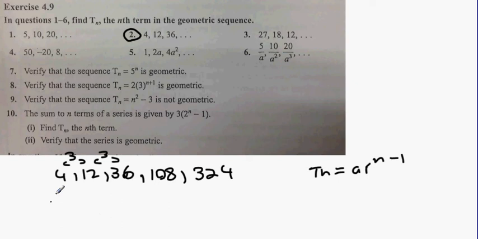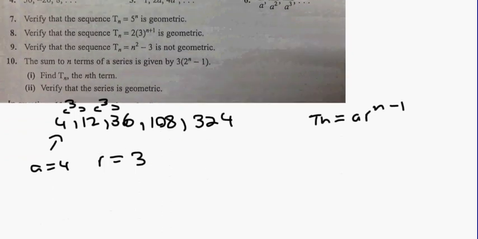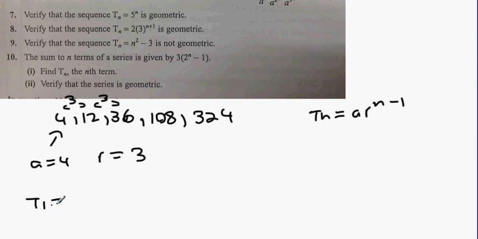A is the first one, so A is 4, and R is the amount you multiply by each time, which is 3. Okay? So for example, for T1, it's going to be A, which is 4, times R, which is 3, to the power of 1 minus 1. It's going to be 4 times 3 to the 0. 3 to the power 0 is 1.